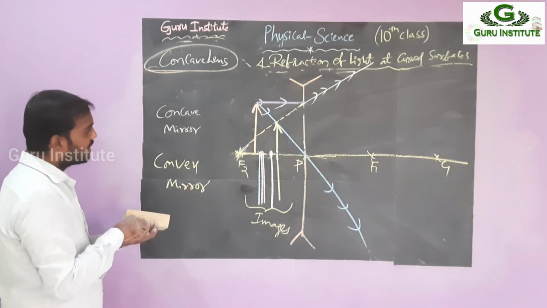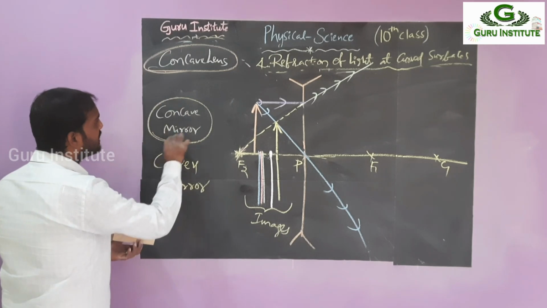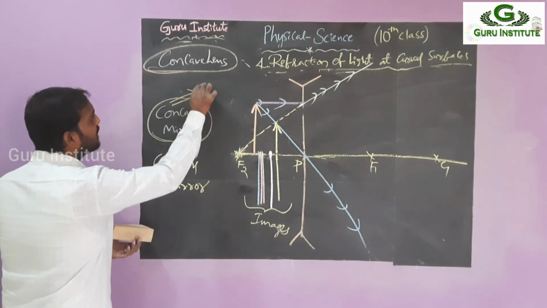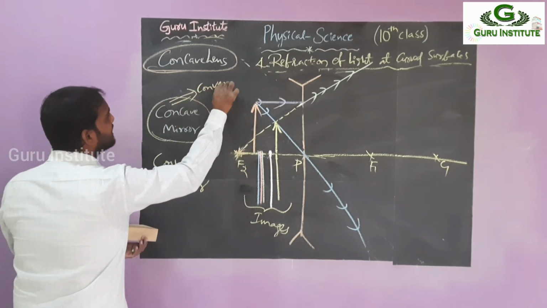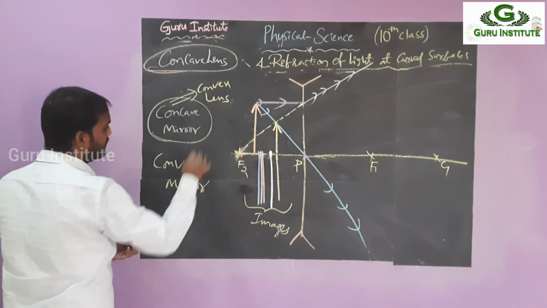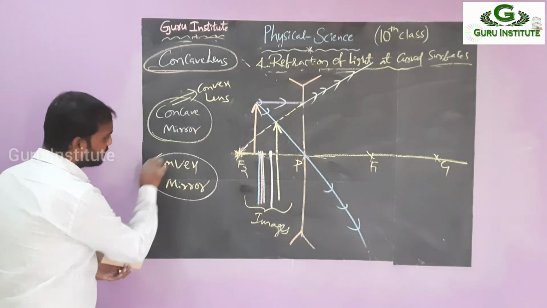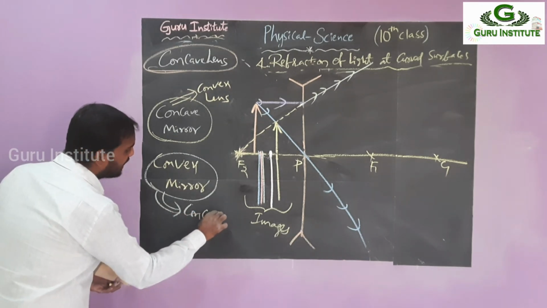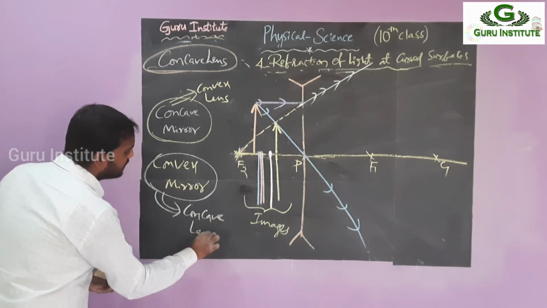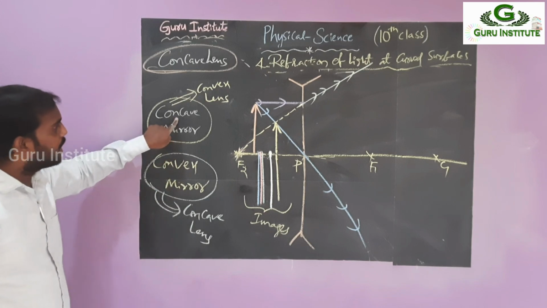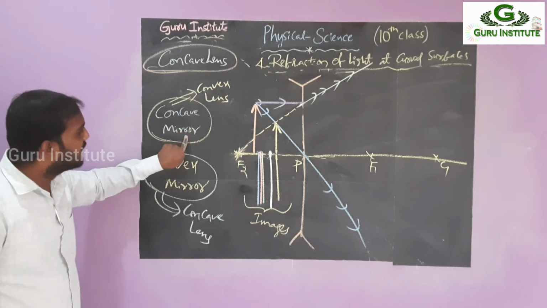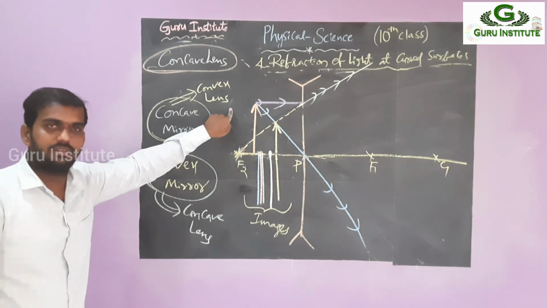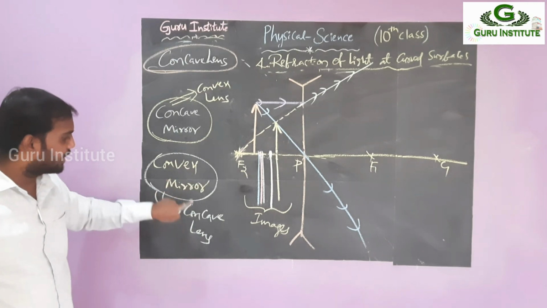The concave mirror has similar properties to the convex lens. The convex mirror has similar properties to the concave lens. Just see here. Concave, convex, mirror, lens. Convex, concave, mirror, lens.